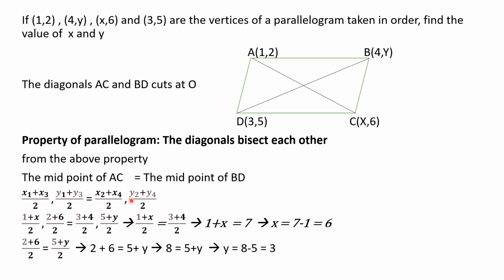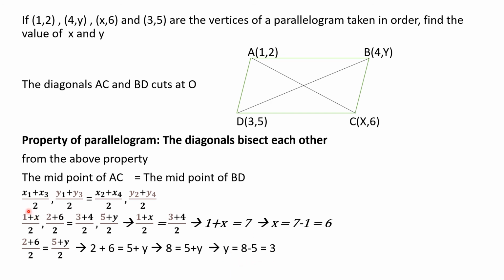That is what we are taking: A x1, y1, B x2, y2, C x3, y3, D x4, y4. Now we are going to take 1 plus x by 2 comma 2 plus 6 by 2 equal to 3 plus 4 by 2 comma 5 plus y by 2. Solving this, we will get x equal to 6 and y equal to 3.